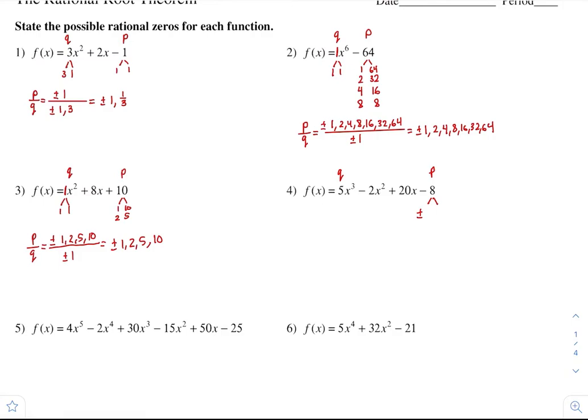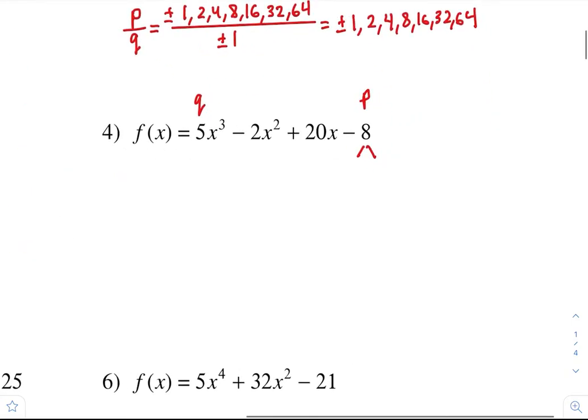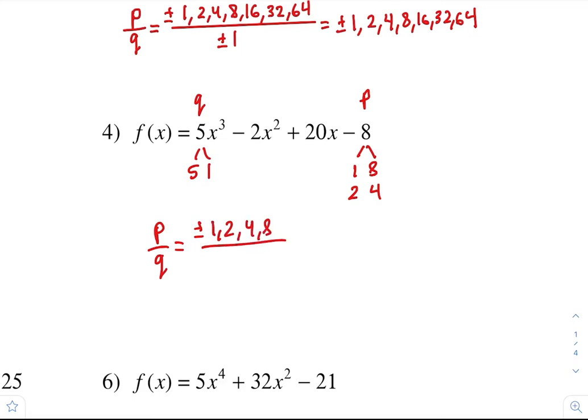It's always going to be plus or minus. So plus or minus 1 and 8. 2 and 4. Now factors of 5, just 5 and 1. So we can make our p over q list. So plus or minus 1, 2, 4, and 8. And plus or minus 1 and 5.